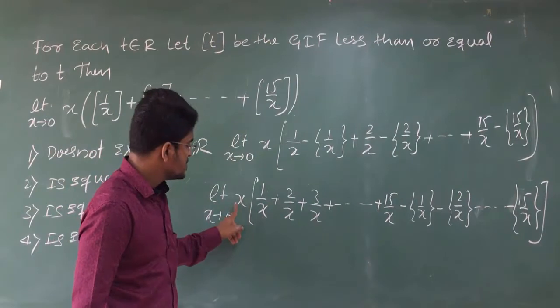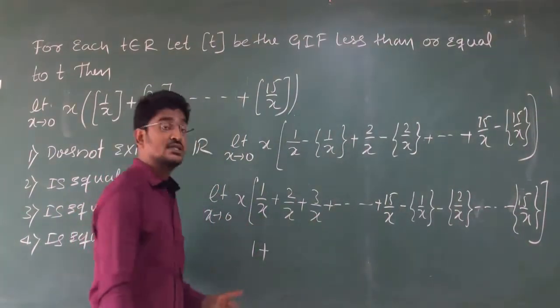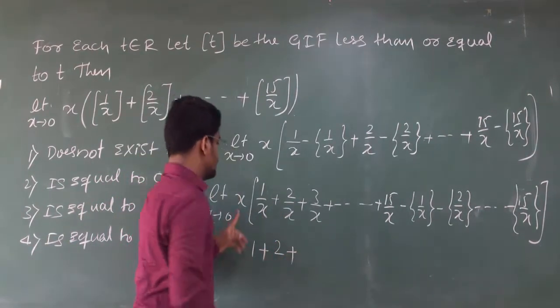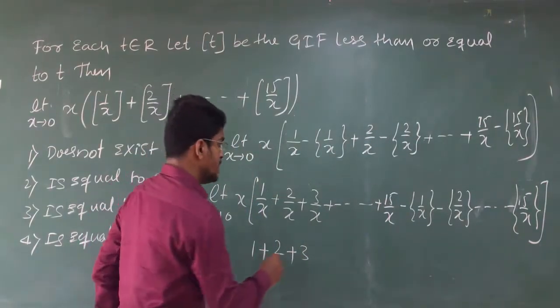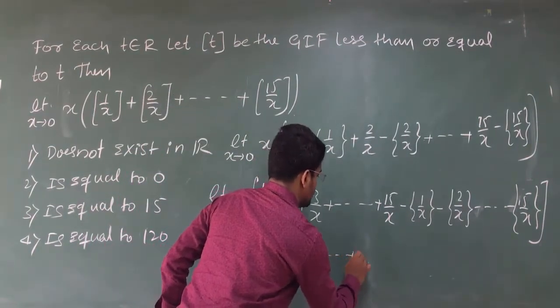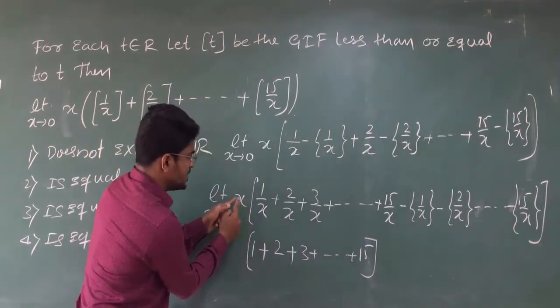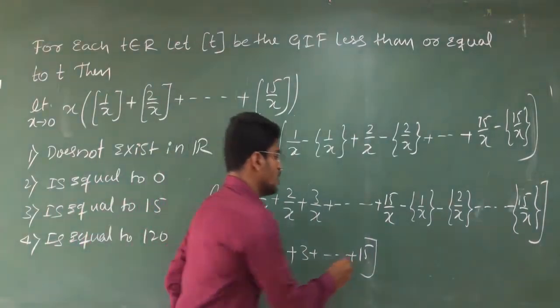If I multiply this with this term, what you are going to get? 1 plus. If I multiply with this term, 2. If I multiply this term with 3, you are going to get 3 plus so on, what you are going to have? Plus 15 you are going to get. If I multiply this x term with these particular terms, next what you are going to have?